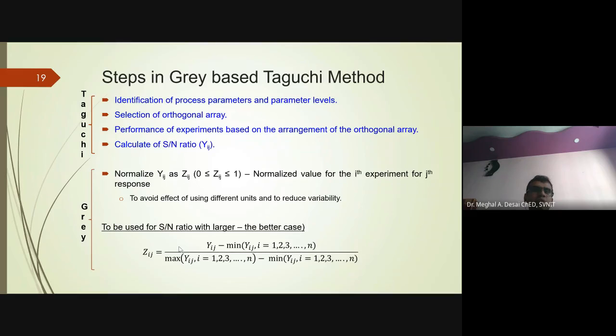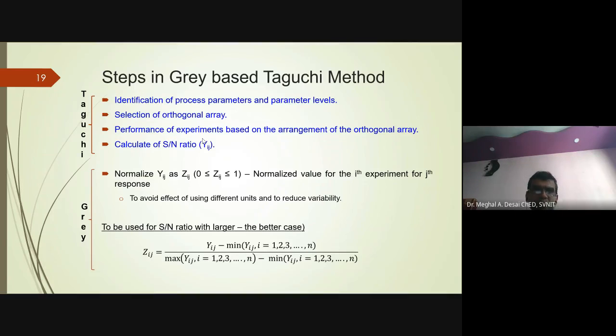The first few steps: identification of process parameters and their levels, selection of orthogonal array, then performance of experiments based on the orthogonal array, and calculation of signal to noise ratio. They are the same as the Taguchi method. There is no change. Then only we need to combine the signal to noise ratio.